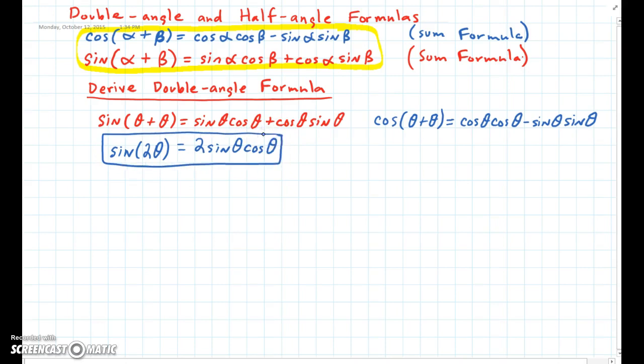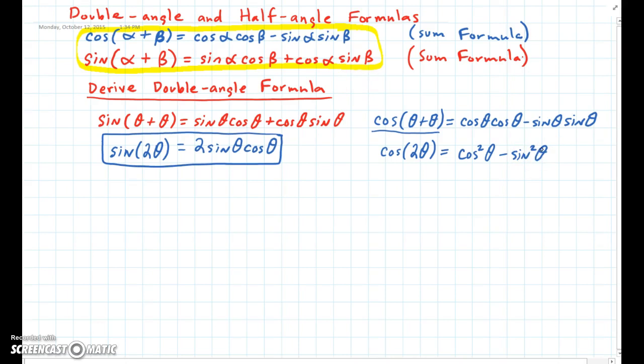The way we derive the double angle formula for cosine: we know cosine of theta plus theta is cosine 2 theta. If we simplify the right side, we get cosine squared theta minus sine squared theta.